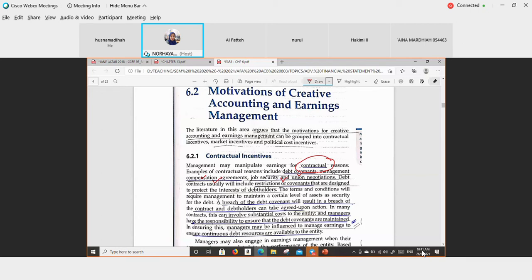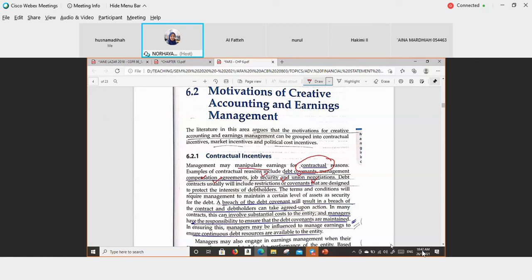Sama juga job security, untuk dipastikan dia punya pekerjaan tu secure, dia mesti tunjukkan income yang tinggi kan? Same juga union negotiation ni. Dia ada agreement lah. So under contractual incentive, management are motivated to increase the earning. Okay, so manipulate the earning to make it look higher.